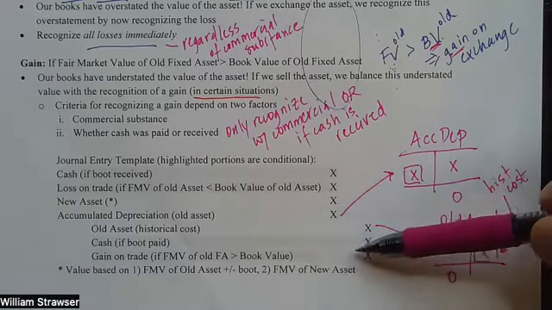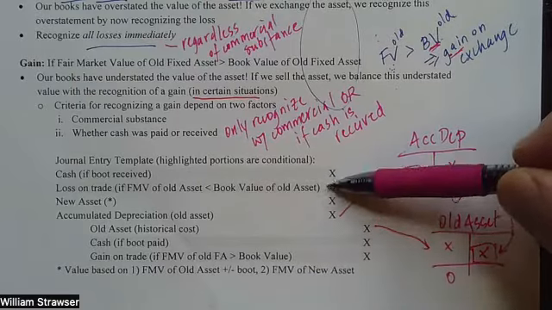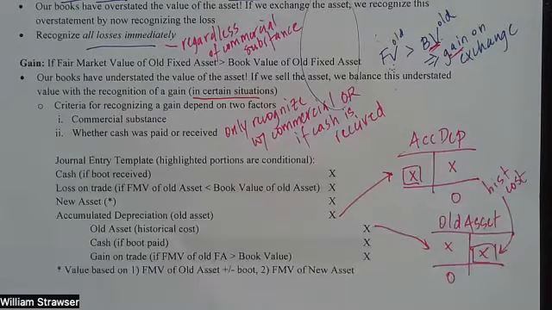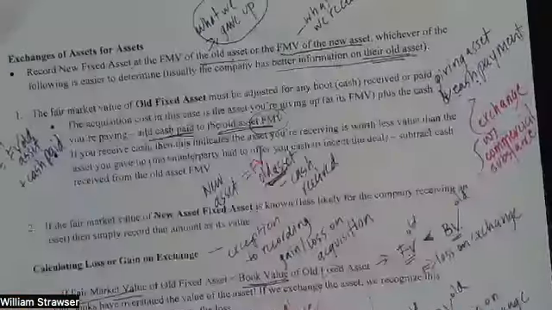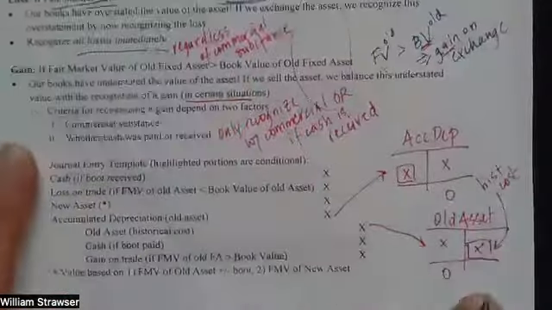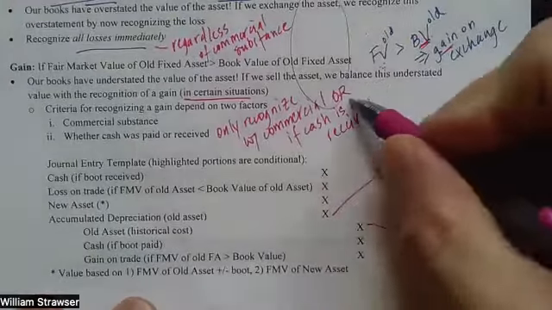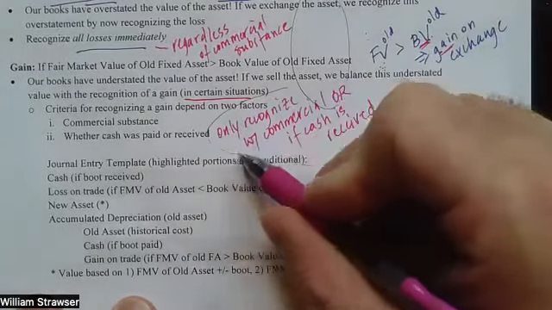But if it's a gain, it's always a credit. If it's a loss, it's always a debit. If you're crediting a loss or debiting a gain, 9 times out of 10, you're probably doing something incorrect.